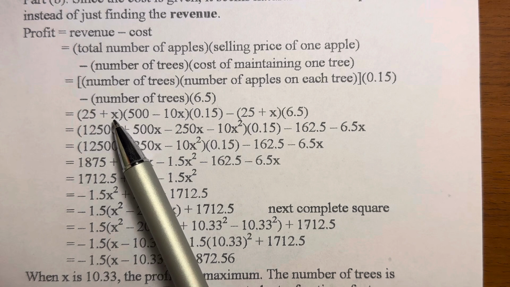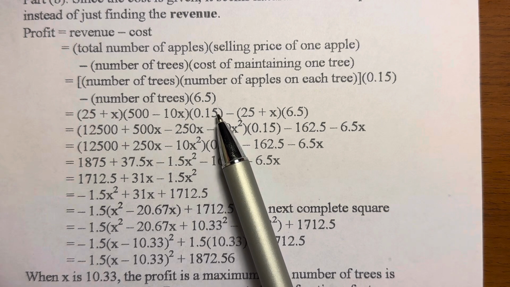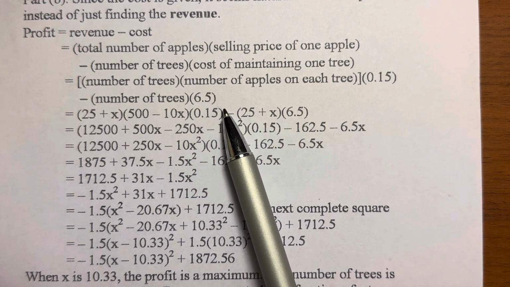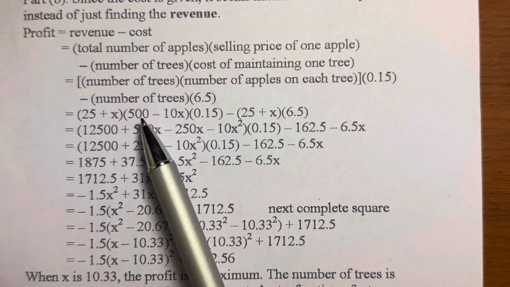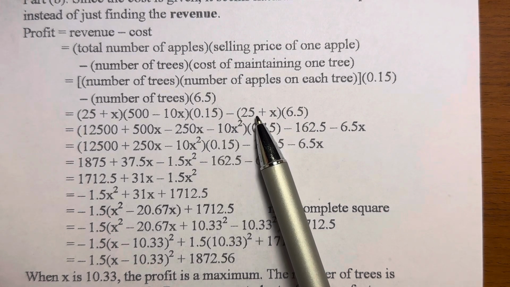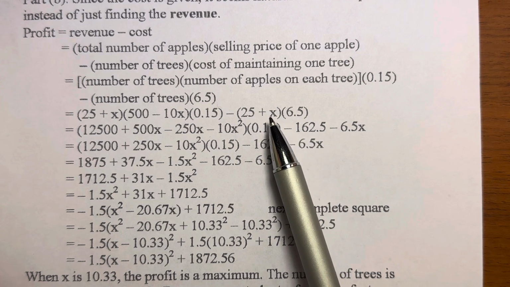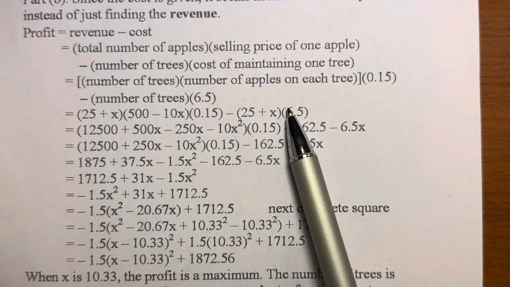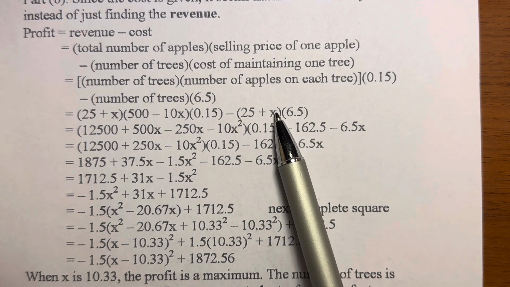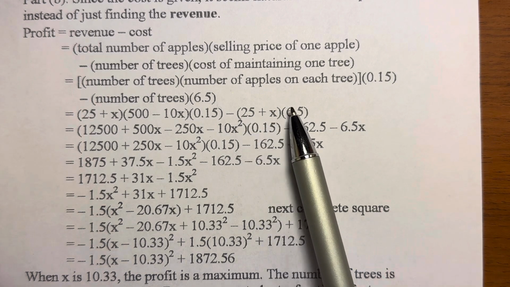So if I have X more trees, I must deduct 10X. And this is the price for each apple. So this is the income. And the cost, $6.50 for each tree. That's a maintenance charge for one tree. But I have 25 plus X trees, so I multiply them.